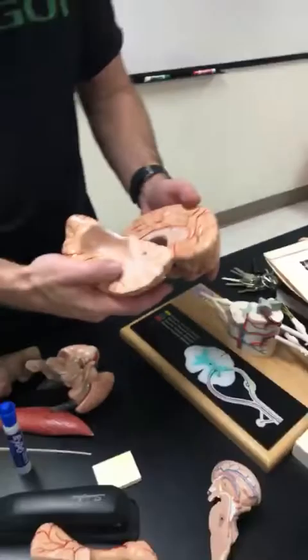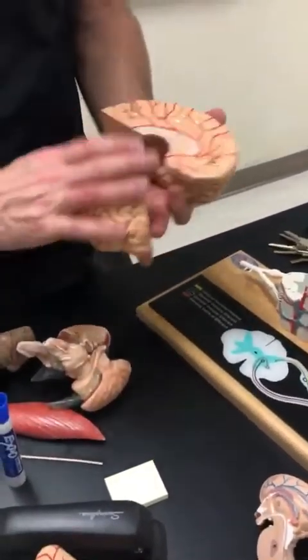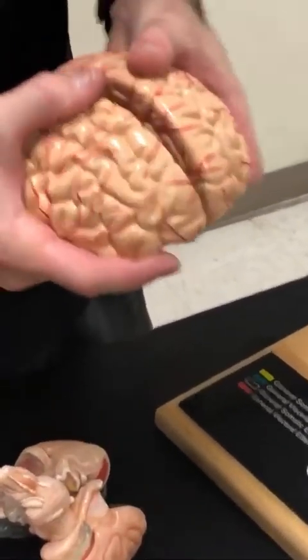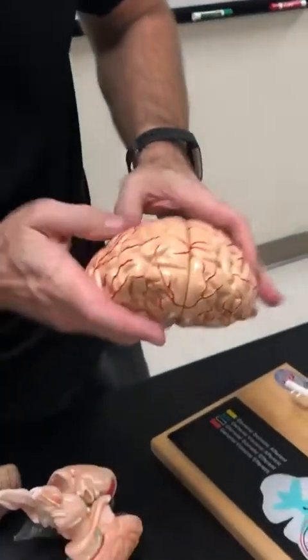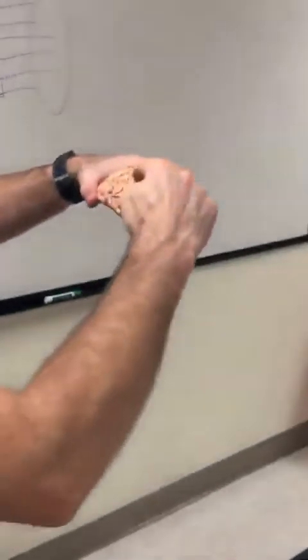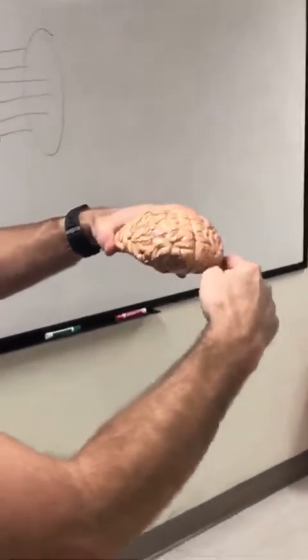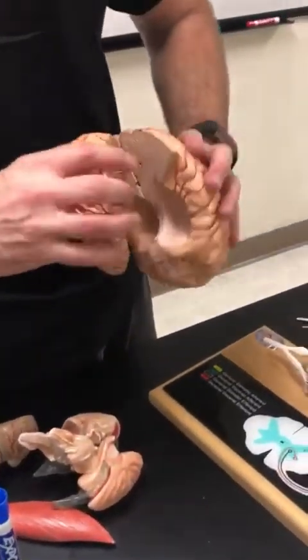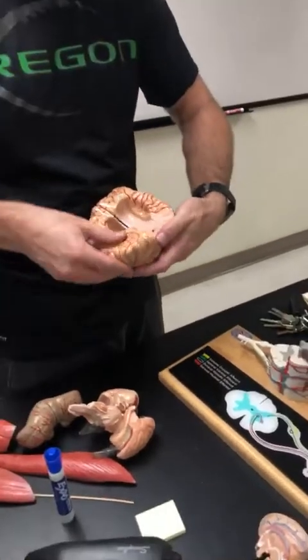So other questions with the whole brain? Lobes. Those are too easy. So this whole region, frontal. Wait, wouldn't that be parietal? Right on the side in the back. I mean occipital.